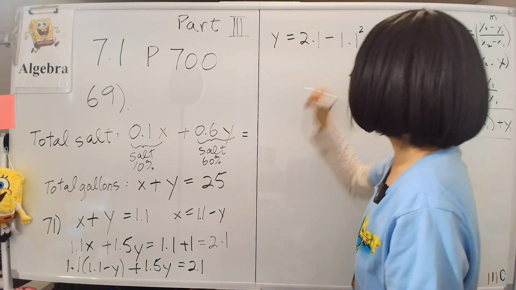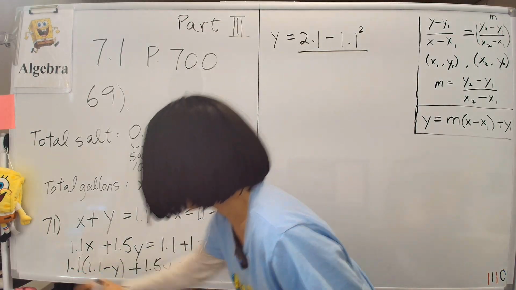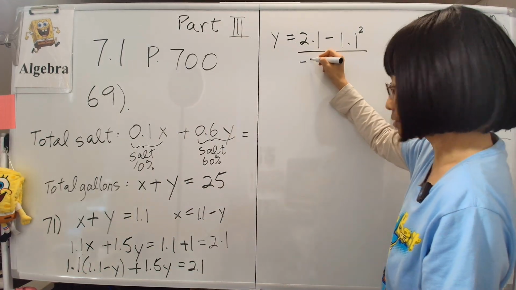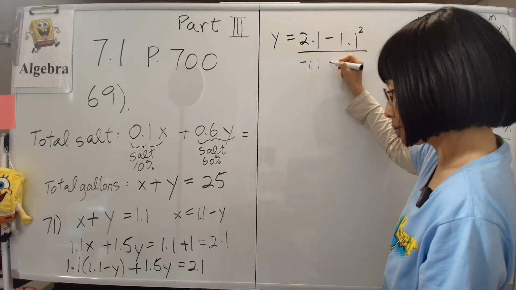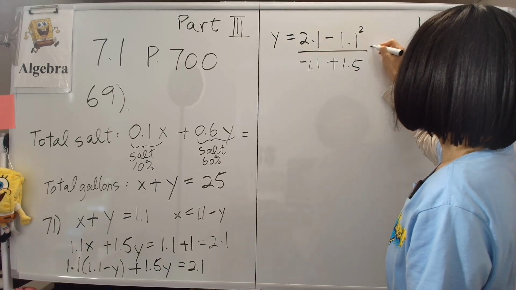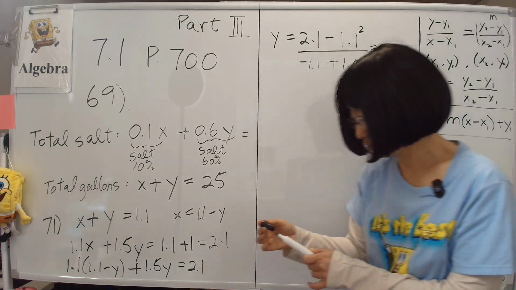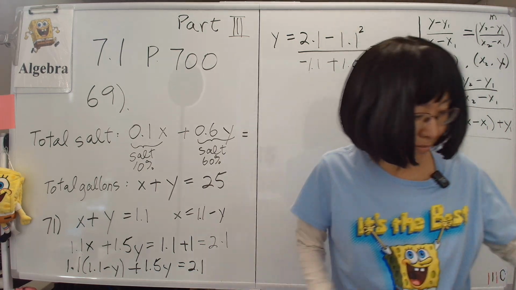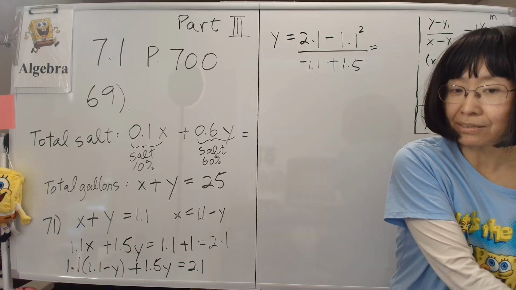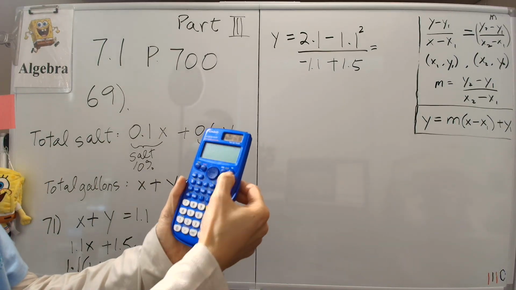Divided by what's in front of y, which is negative 1.1 minus 1.1, plus 1.5. If I didn't mess up anywhere, forget a negative sign or something, then that should be the correct answer. So I'm going to punch it in and see if we got it right.